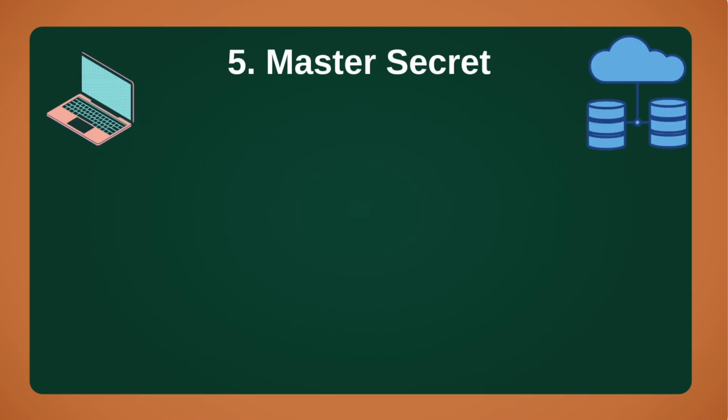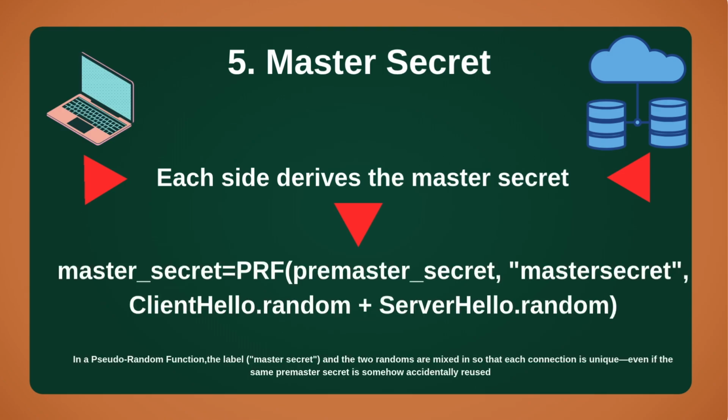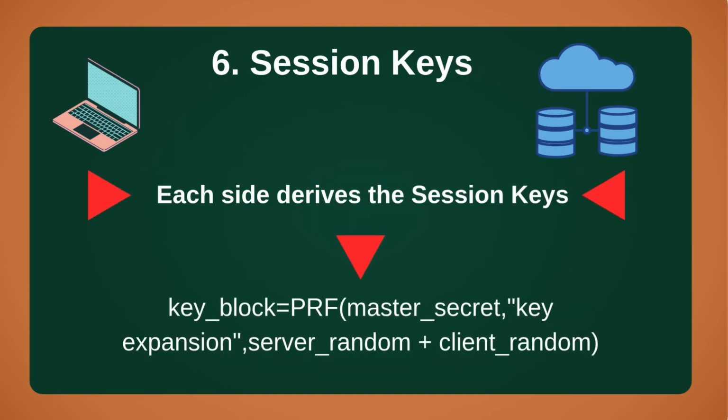5. Master secret derivation. Both the client and server compute a master secret from the pre-master secret and the two random values exchanged earlier. This master secret forms the foundation for session key derivation. 6. Session key generation.